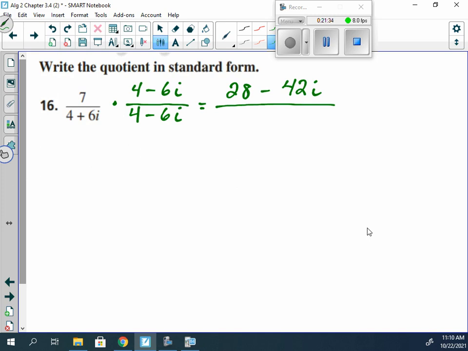The denominator, 4 times 4 would be 16. 4 times negative 6i would be negative 24i. 6i times 4 would be plus 24i. And 6i times negative 6i would be negative 36i squared. So the I squared would simplify out and turn the 36 from negative to positive.